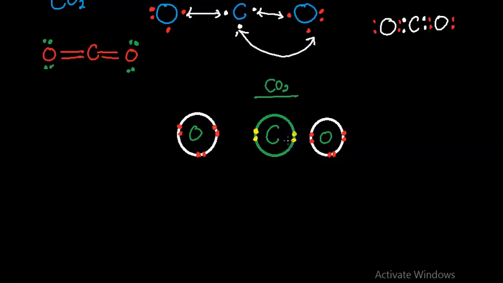At this point, let's show what will happen when they share 2 valence electrons. This is how it's going to be from both sides. Let's try the last one.